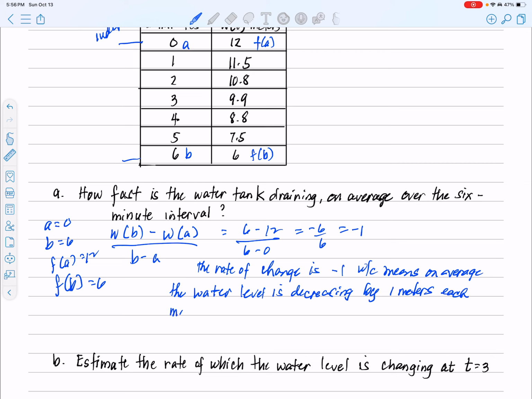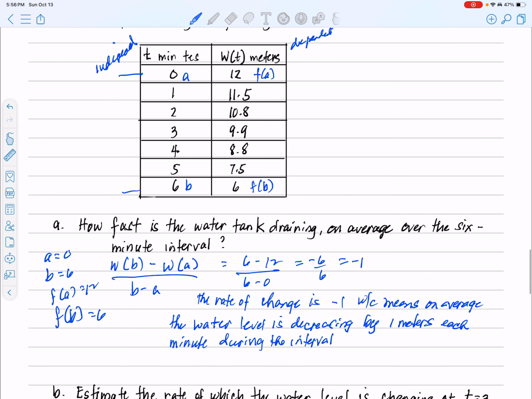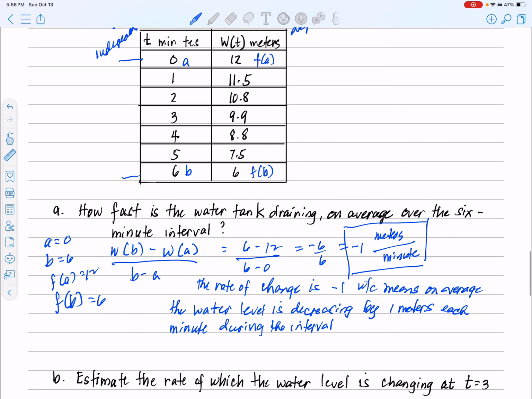Each minute, during the interval. So this is negative 1 meters per minute. That's how you get your average rate of change for letter A.